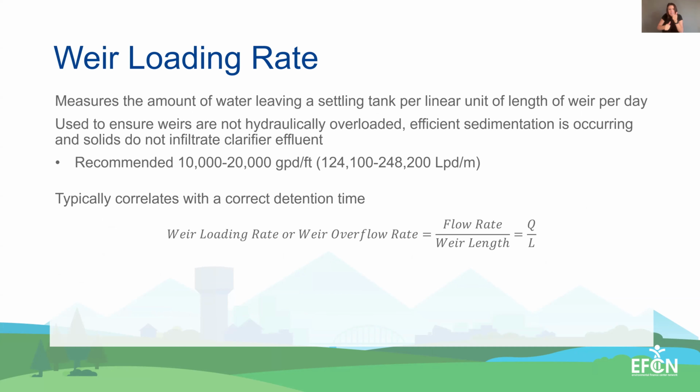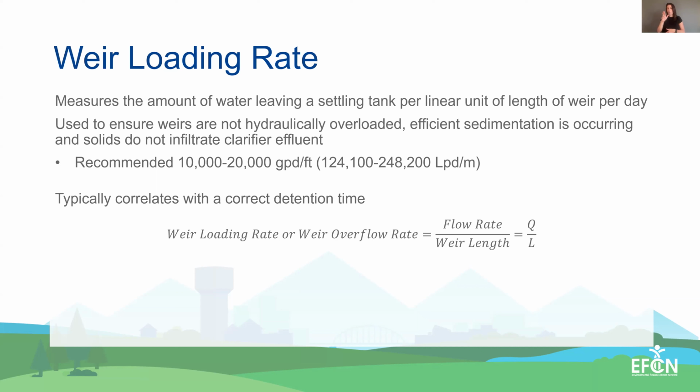We use this to ensure that our weirs are not hydraulically overloaded, and we calculate this to ensure that we have sufficient sedimentation, and that excess solids are not passing on to our next process, which is a biological process.